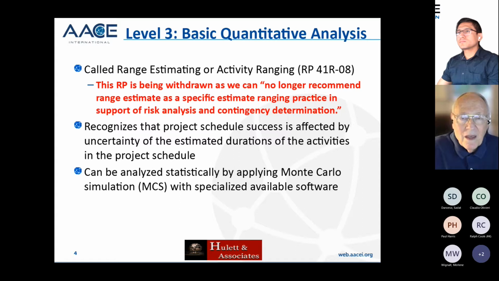Okay, so I want to focus on levels 3, 4, and 5 because the distinction between level 3 and level 4 and level 5 is important, and that's where we want to focus. But I want to mention that level 3 is essentially called range estimating or activity ranging, and it was the title of a recommended practice, 41R08, Range Estimating.